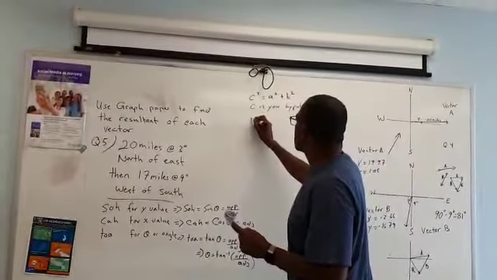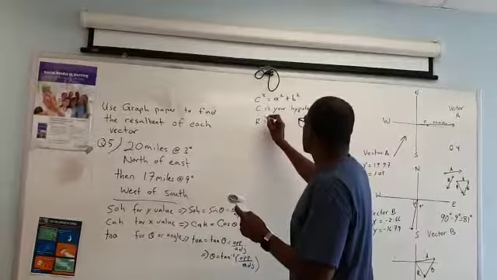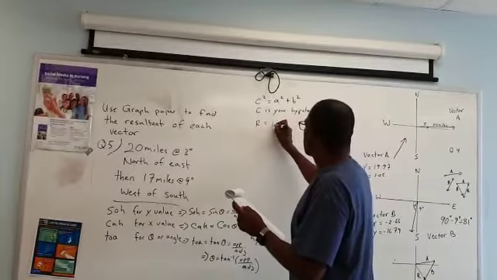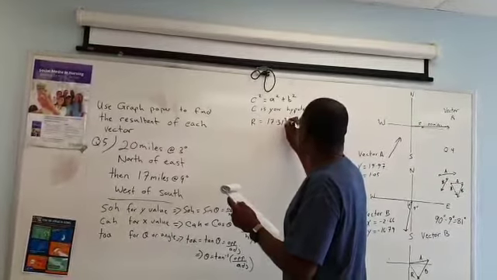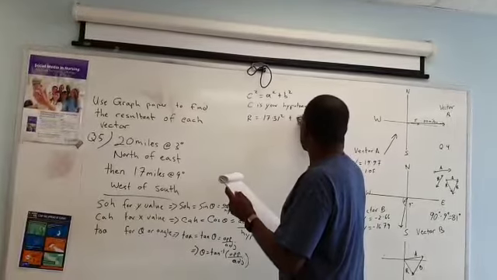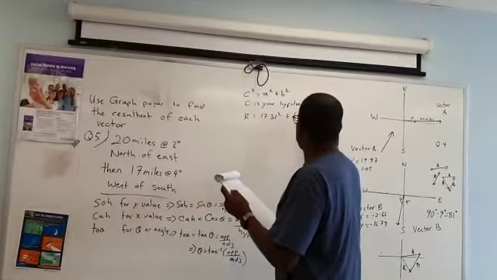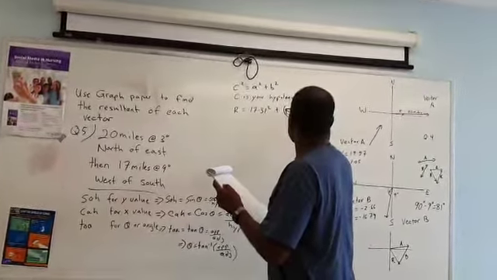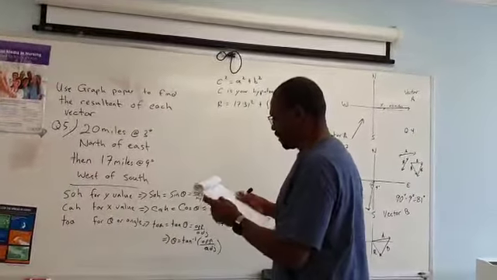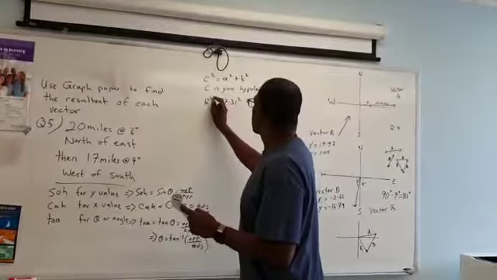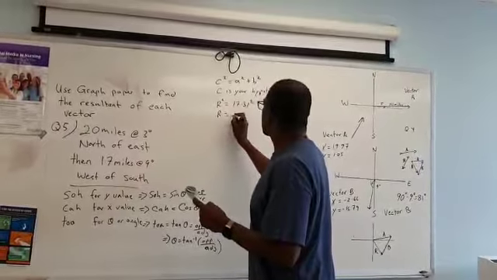So the resultant equals the square root of 17.31 squared plus 15.74 squared.